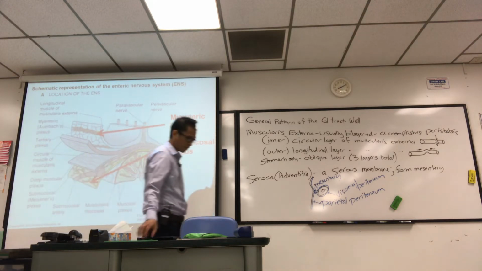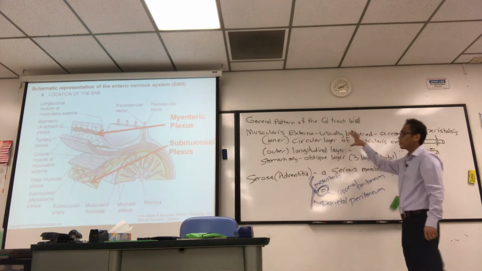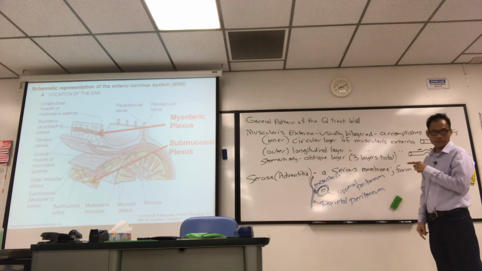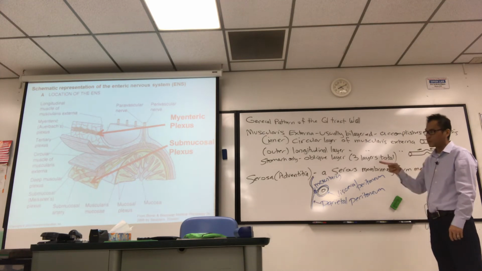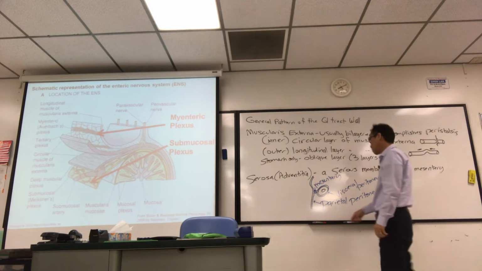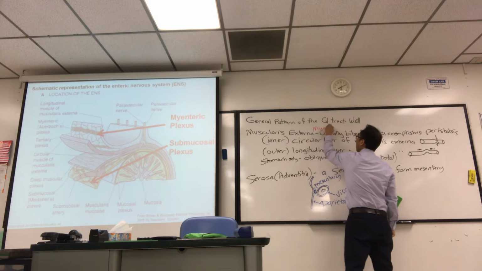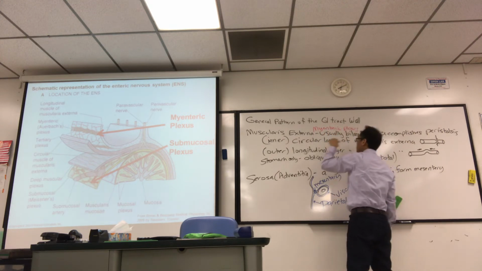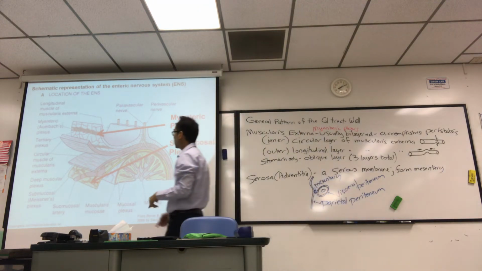Oh, this slide reminds me I forgot one thing. The thing I forgot is in this layer here. Add to muscularis externa the myenteric plexus, another plexus of nerves along with submucosal plexus. You usually see nerves of the plexus stuck between the layers.